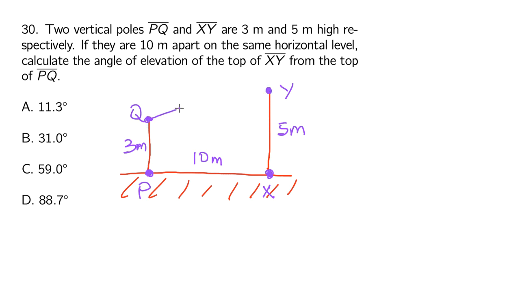So if you do this, you can draw some imaginary line here. This angle is 90 degrees, just like this angle. We are looking for this angle of elevation, theta. Now, because these two are parallel, this 3 and this 5, this height is going to be 2 meters.